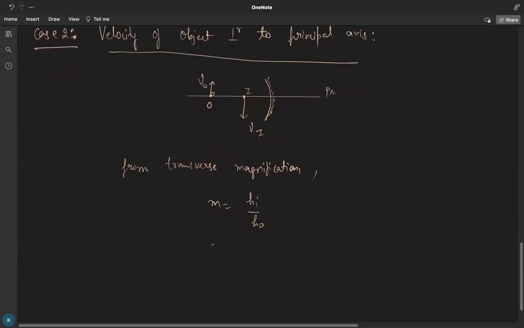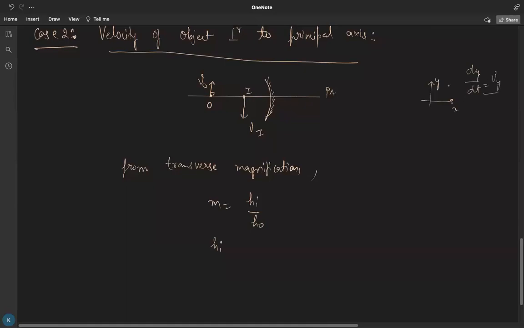So we can write it here like HI. If I assume the direction of the principal axis is the X axis, then our direction of velocity is in the Y direction. That means dy by dt represents the velocity in the Y direction, right?